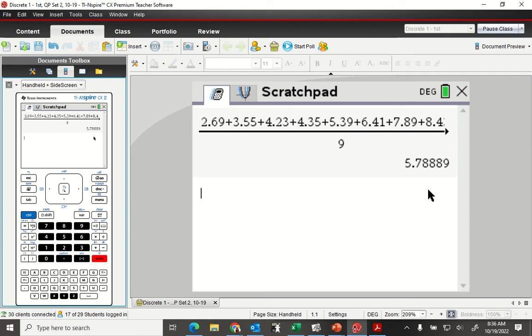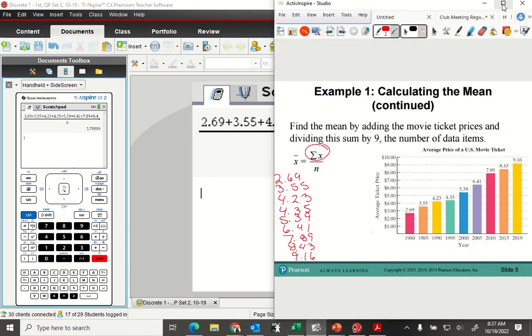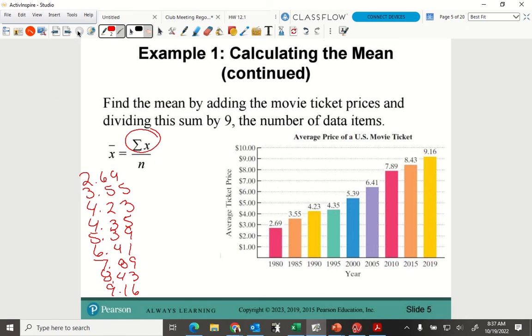So that's an 8, which makes this answer 5.79. There you go. So my average price, my x bar, is $5.79. That is the mean.